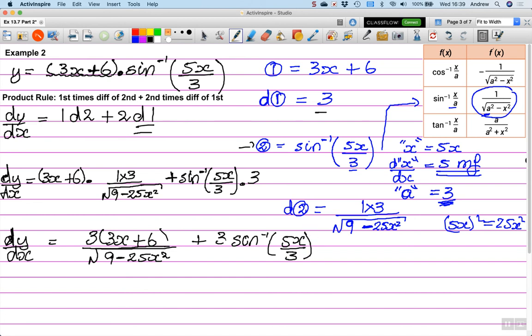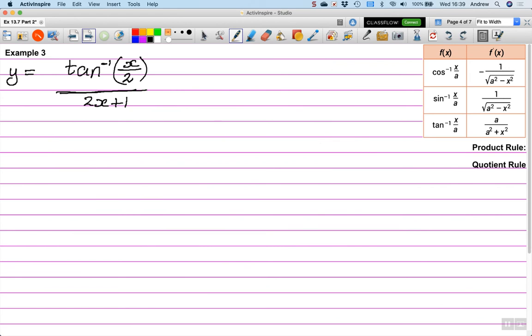And that's the end of example number 2. The setting out is absolutely vital. Full A4 page. Going on to the next example, we can see this is a quotient.